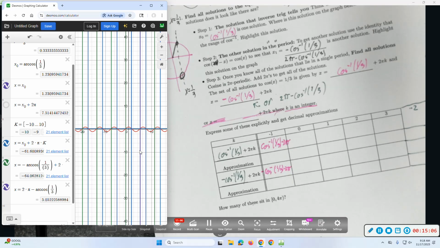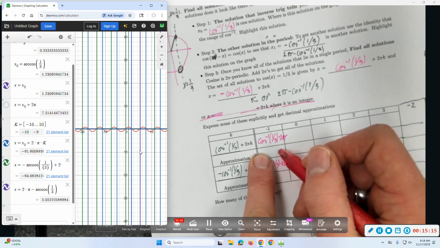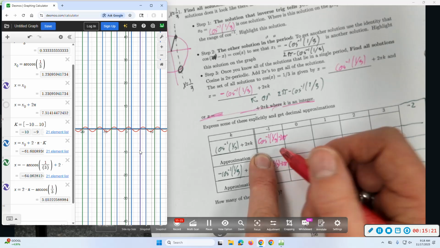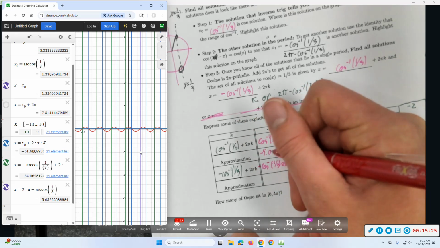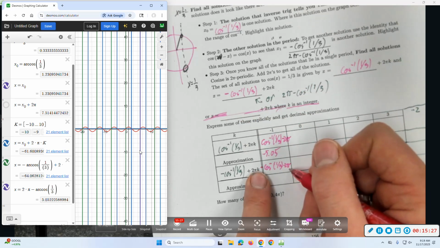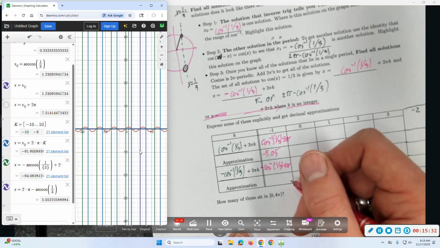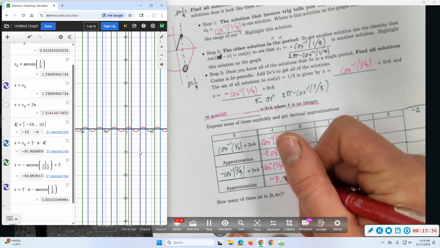All right. Inverse cosine of 1 over 3 minus 2 pi. What do you get? Negative 5.05. Cool. And what about negative cosine inverse of 1 over 3 minus 2 pi? I got negative 7.51.